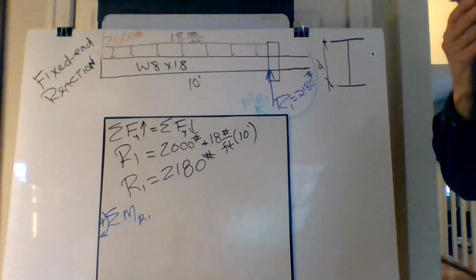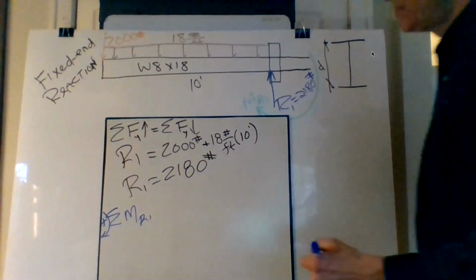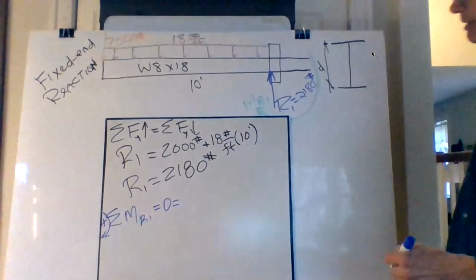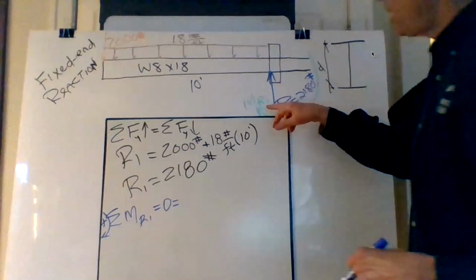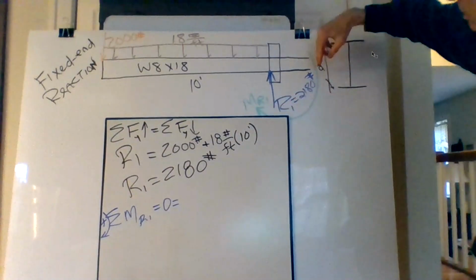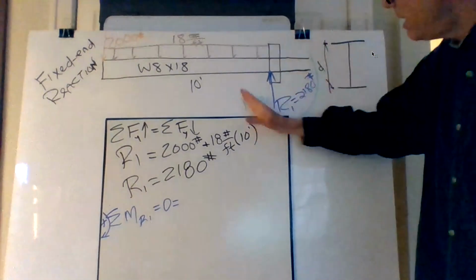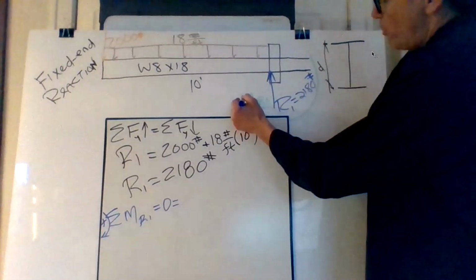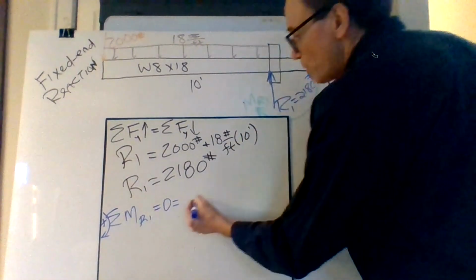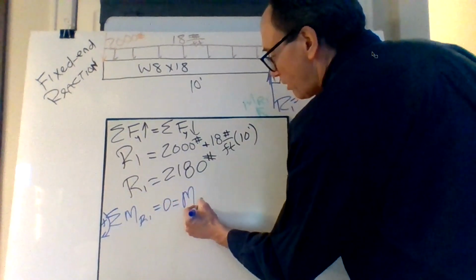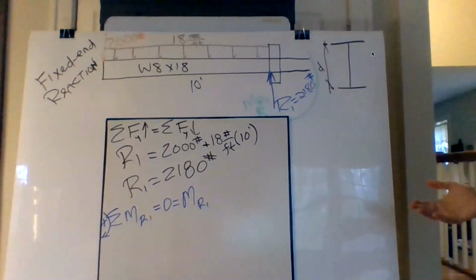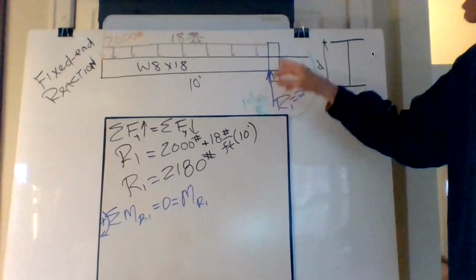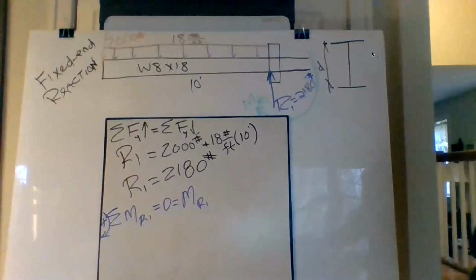So the sum of the moments is equal to 0. The moment at R1, is that going about this point clockwise or counterclockwise? Is this moment going clockwise, which means it's positive? The moment at R1, it is a moment, so it's not a force. It doesn't need a force times a distance. It is a built-in moment. That's the type of reaction that we're dealing with.